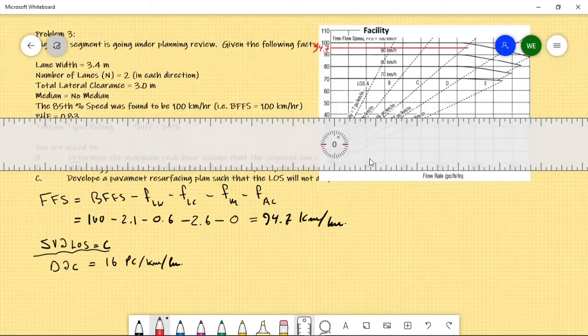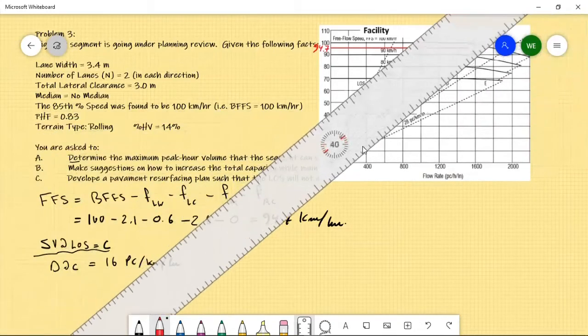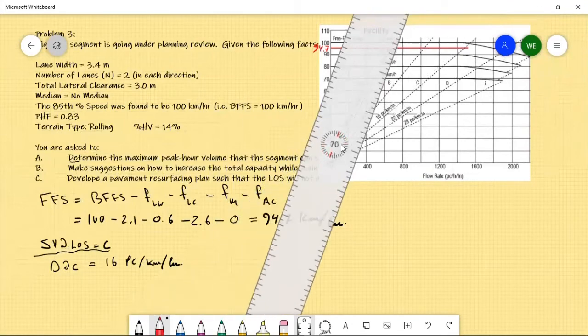Then let's see where it will hit the flow rate.